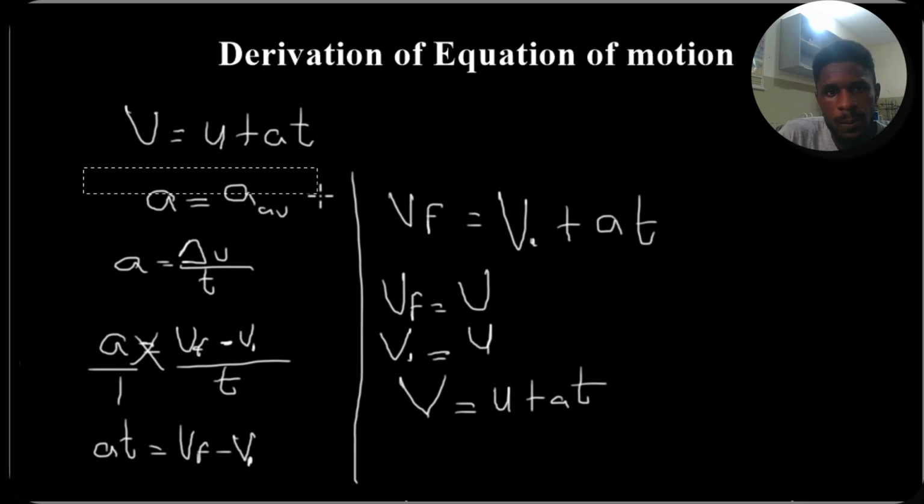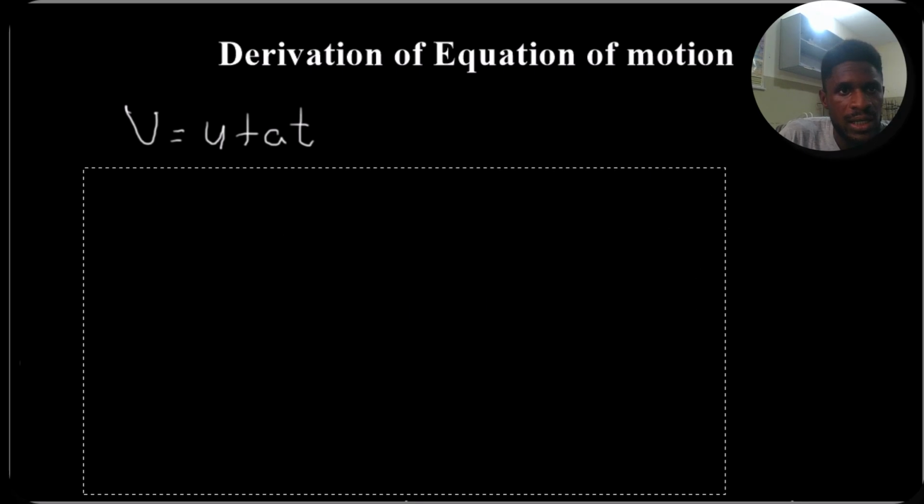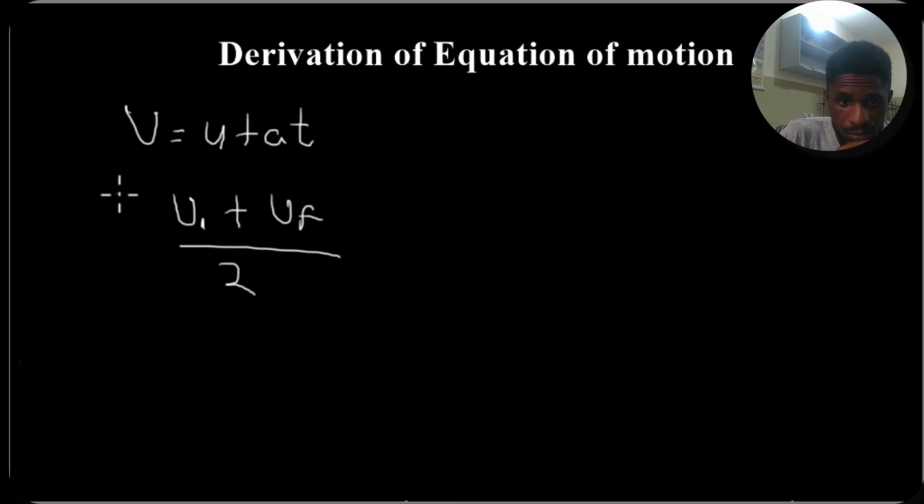Now moving on to the second one, how do we derive the second one? Of course, we're still going to be assuming constant acceleration. So if we're assuming constant acceleration, and we're given two velocities, v initial and v final, if we are to find the average of these velocities, we can just add them and then divide by 2.